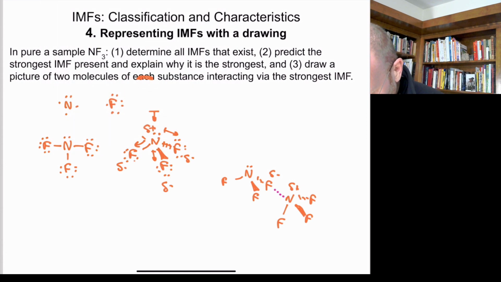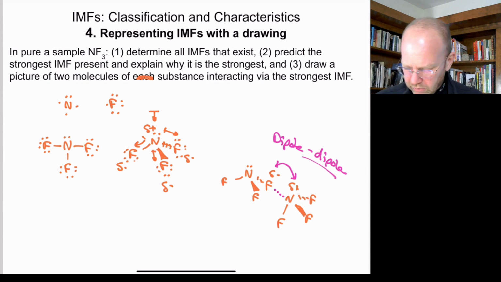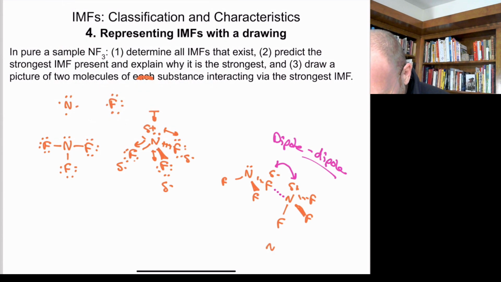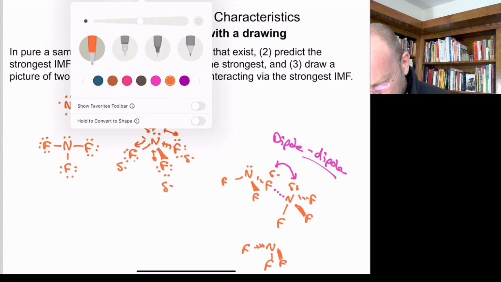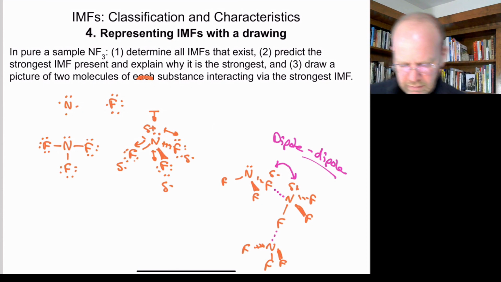It's between those two poles, and this is a dipole force, the strongest intermolecular force. I could continue and draw another nitrogen over here having an intermolecular force, and we could show a second molecule in this liquid nitrogen trifluoride.